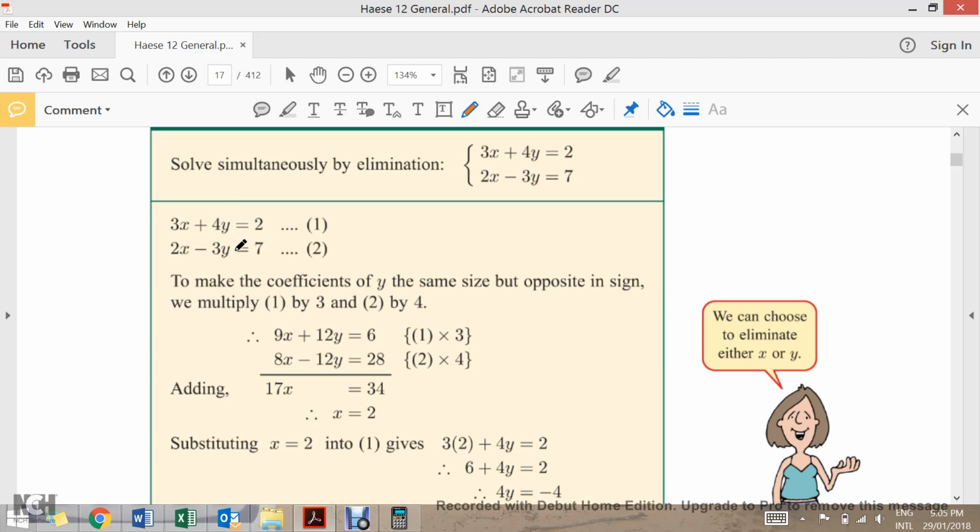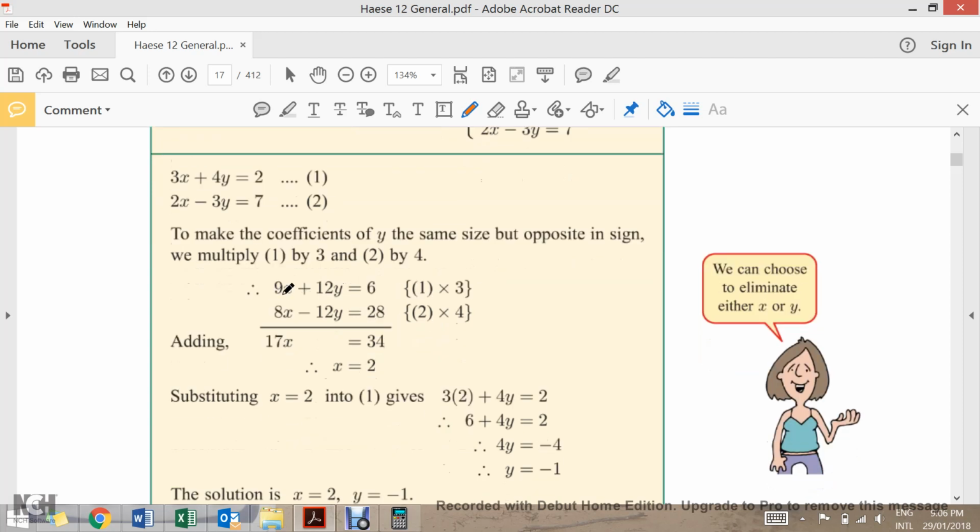And if I times this equation here by 4, I'd end up with a negative 12y. So those would cancel. But like I said, you need to do the same thing to all of the terms in the equation. I'd need to times this 3x and the 2 and the 4y by 3. I'd need to times this 2x and this 7 and this negative 3y by 4.